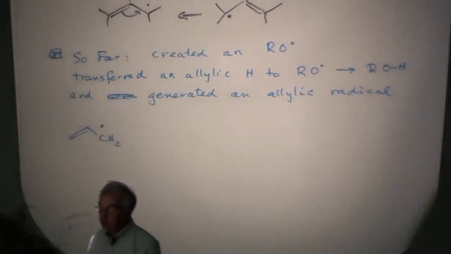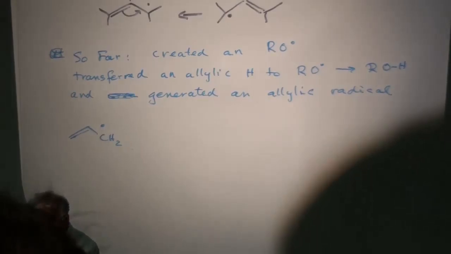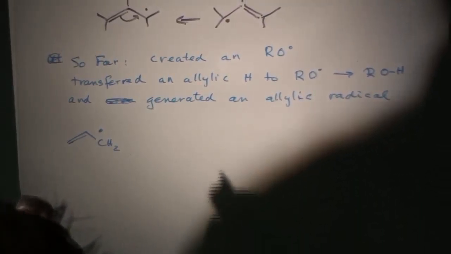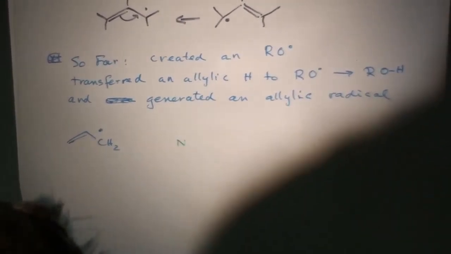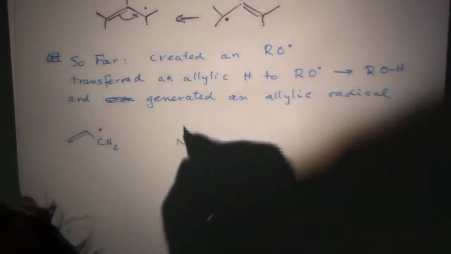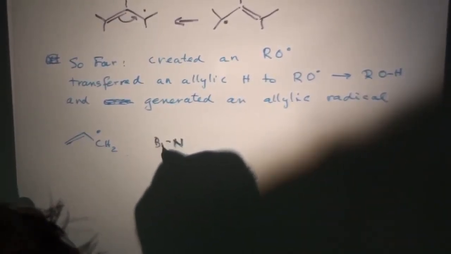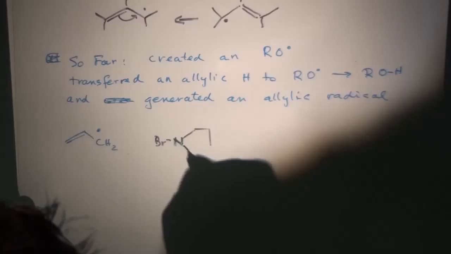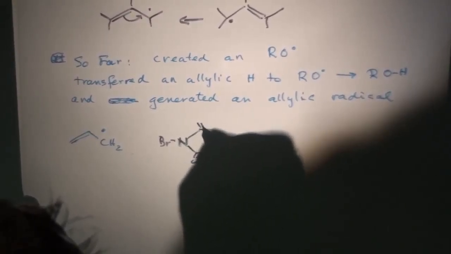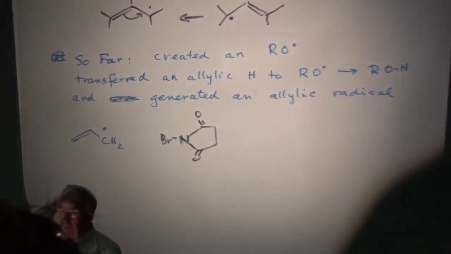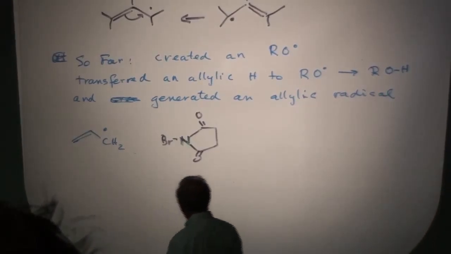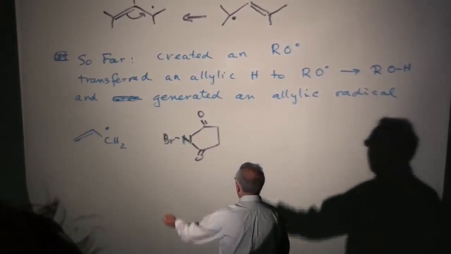We looked at the possibility of using the succinimide, but we didn't use it until now. So maybe it's time now to take the N-bromosuccinimide, and now to transfer again an atom to a radical.